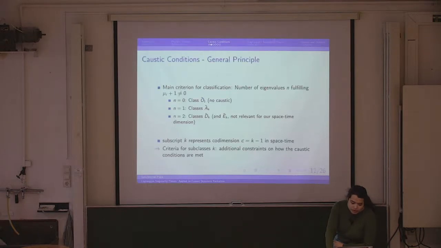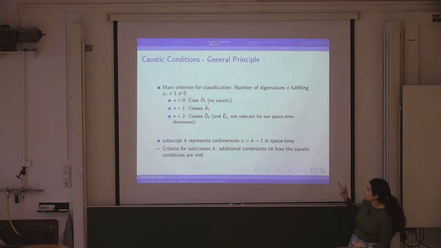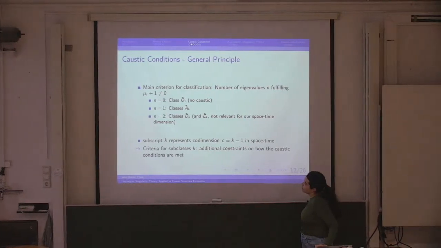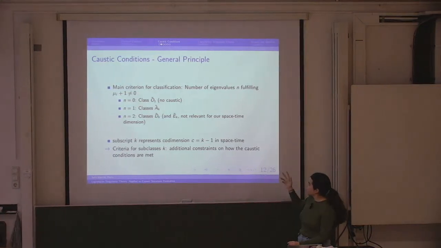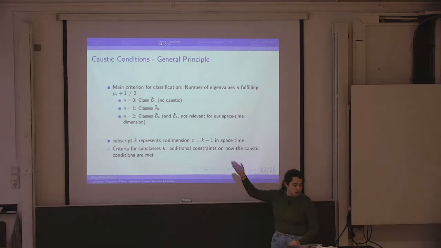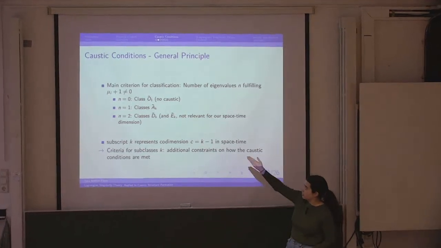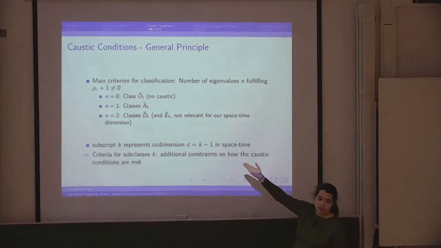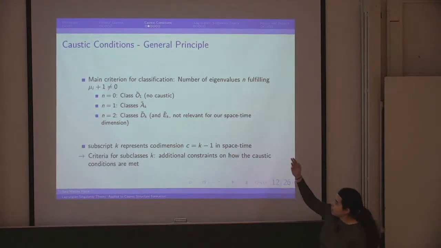So yeah, as I said before, we have established that one of the main criteria that we can use to find our caustics is the number n of eigenvalues that fulfill the shell crossing condition in a trivial manner, namely by reaching the value -1. If it's fulfilled for no eigenvalue, then we have no caustic.